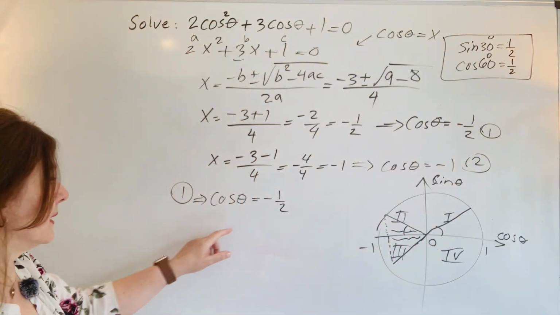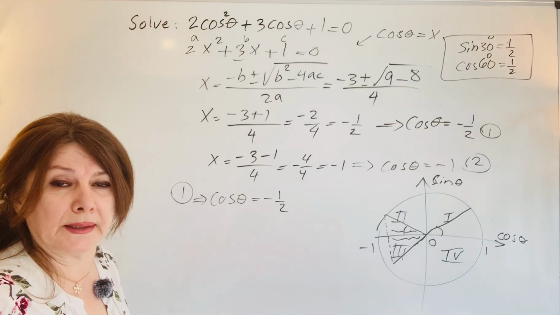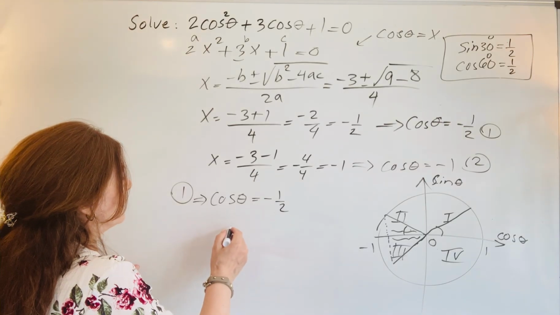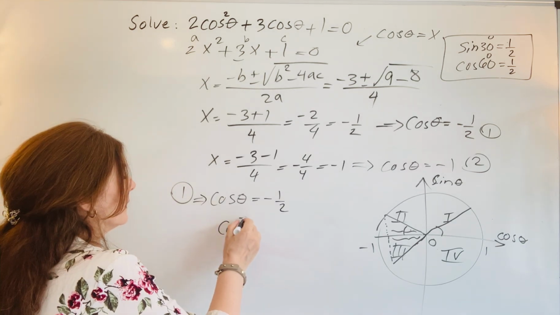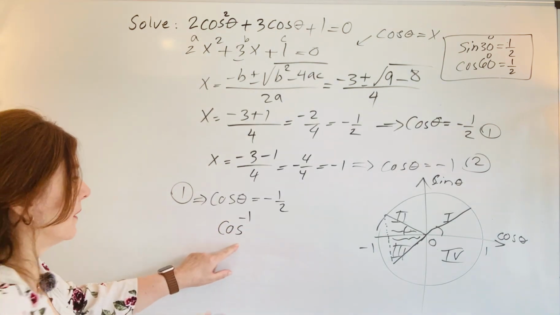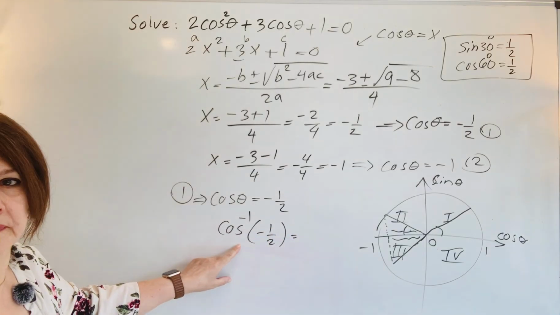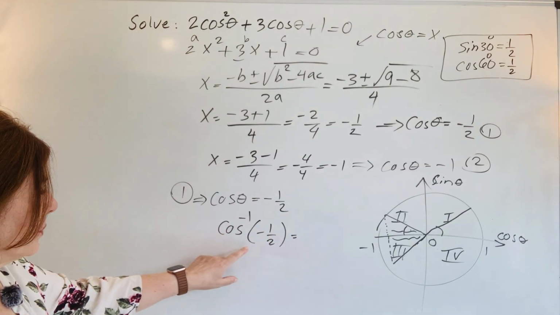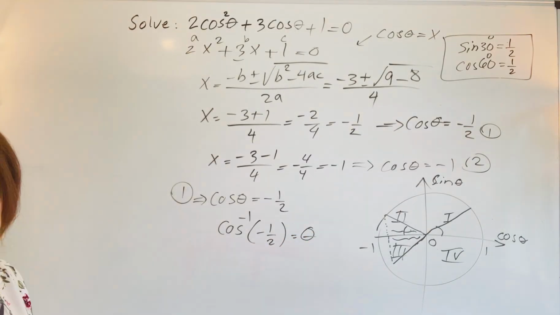If you have a calculator, you can compute the arc cosine of negative half, because the arc cosine of this gives theta.